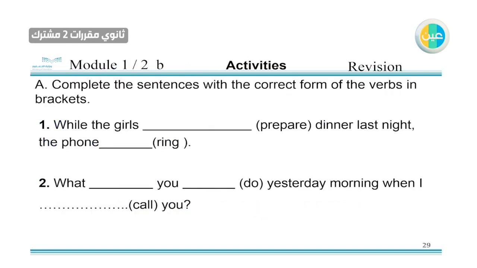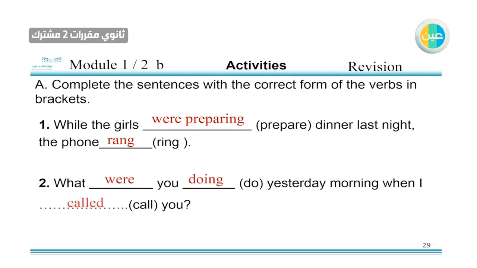Okay. Now, these are the exercises. At the end, I'm just going to show you the exercise. We have to do it together. If you can, pause, because I'm going to show you the answer now. Pause, answer, and now check your answers. We're preparing. Rang. This is the past and past continuous. Were you?